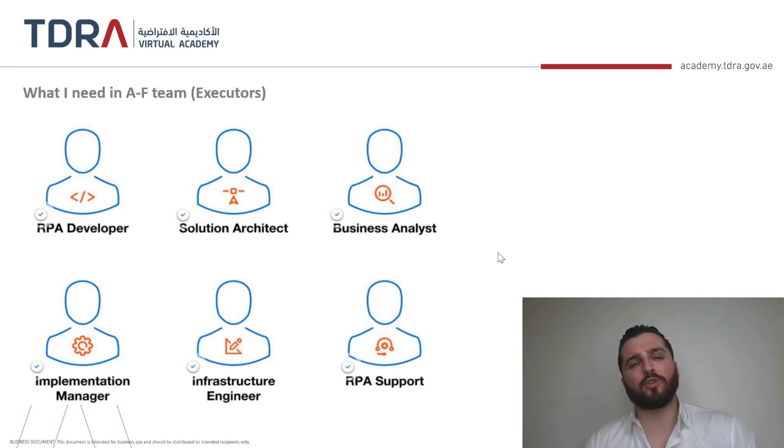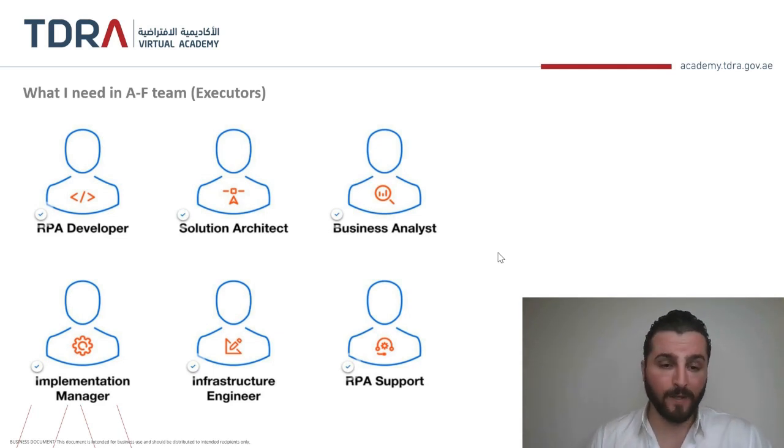Implementation manager is the person who will implement the RPA after we develop or build it, and make sure that this RPA is working with a high level of accuracy, and with the right set of attributes that will measure the effectiveness of RPA, including the BPI, the critical success factor, and the KPI.